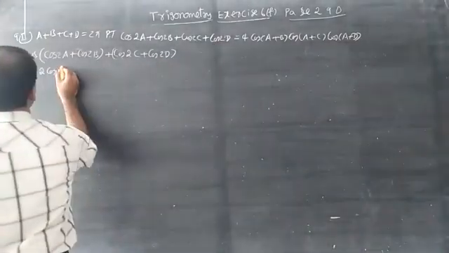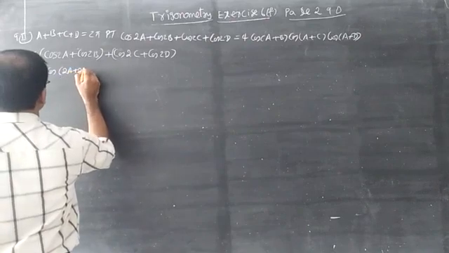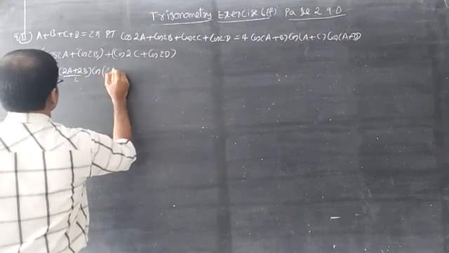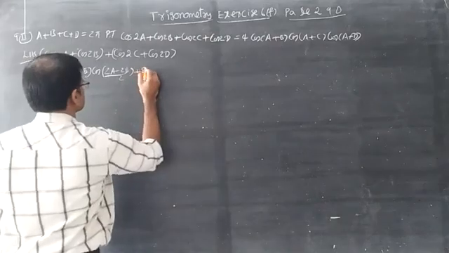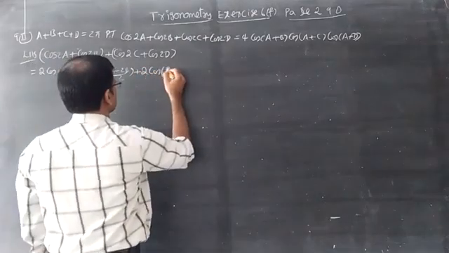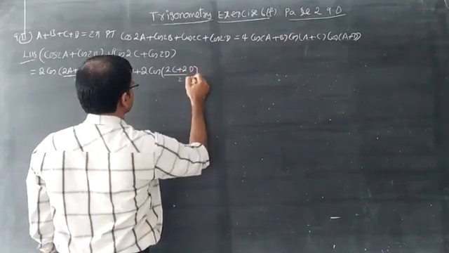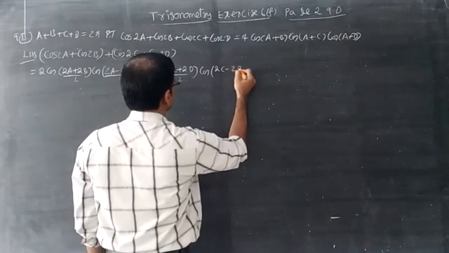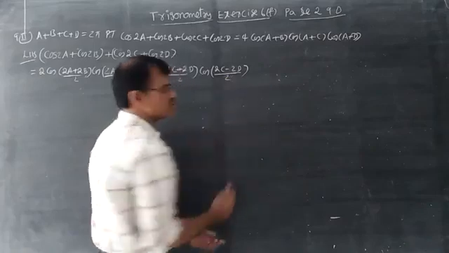So this is 2 cos of 2a plus 2b by 2 into cos of 2a minus 2b by 2, plus 2 cos of 2c plus 2d by 2 into cos of 2c minus 2d by 2.